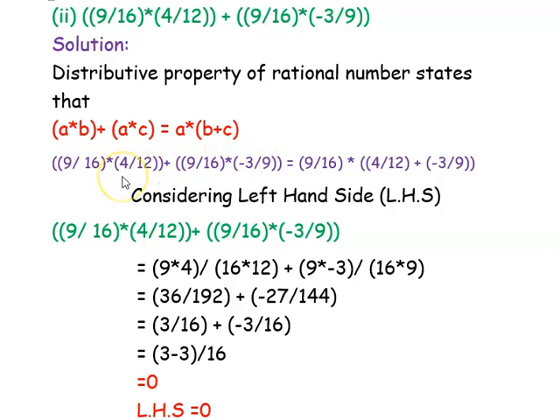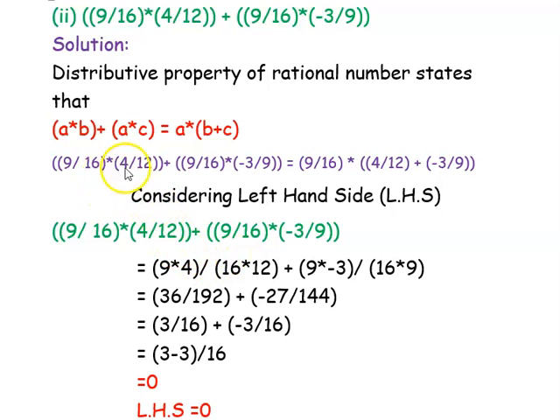The left hand side is 9 by 16 times 4 by 12 plus 9 by 16 times minus 3 by 9, and our right hand side is a times b plus c. So a is 9 by 16, b is 4 by 12, and c is minus 3 by 9. Here also we are going to solve the left hand side and right hand side separately, and check whether they are equal.